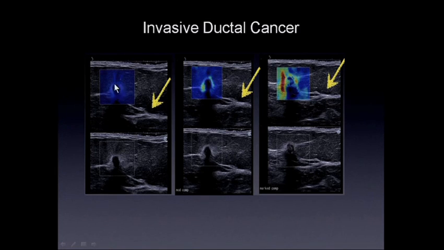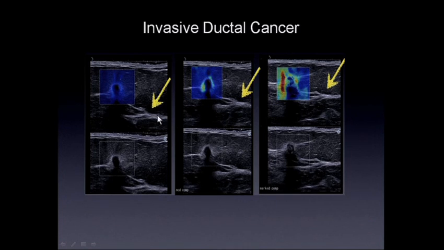This is an invasive ductal cancer. You can see that there's really no coding here, so we know that this is probably inaccurate results. But as we apply compression and we're pushing on the breast, you can see that we're making the velocities much higher.